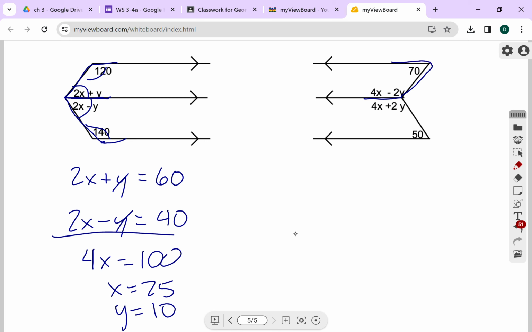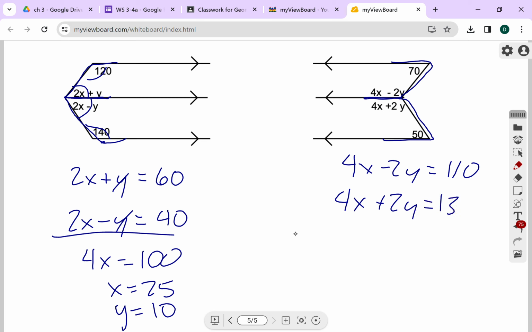Second one over there, same thing, more the same. That's equal to 180. Those are supplementary. They add up to 180. So 4x minus 2y equals 110. First equation, 4x plus 2y equals 130. Combine those two things because the y's go away right away. 8x equals 240.